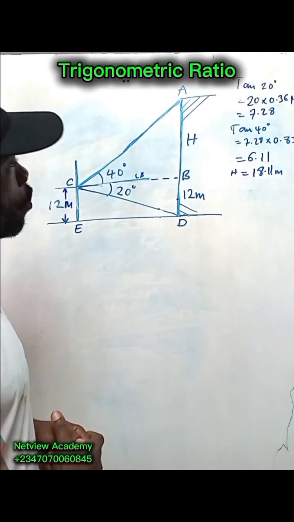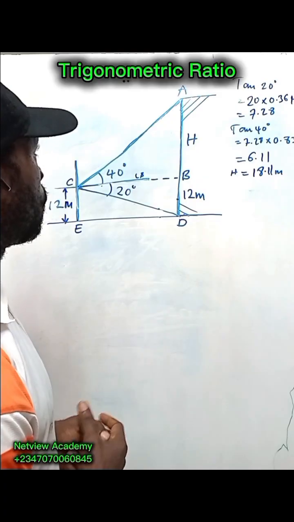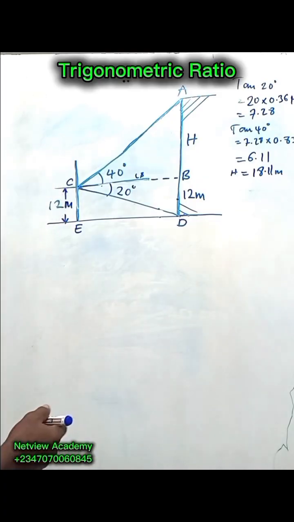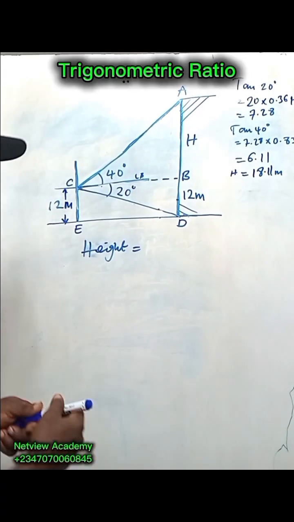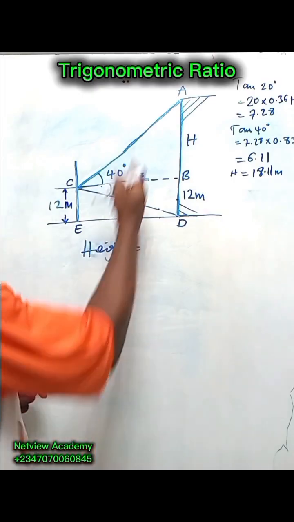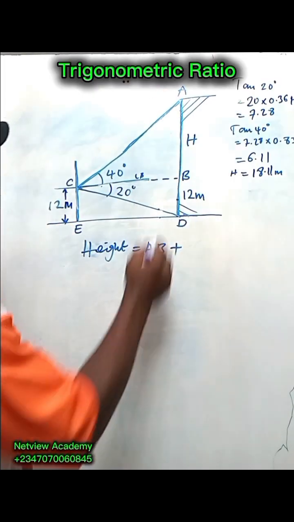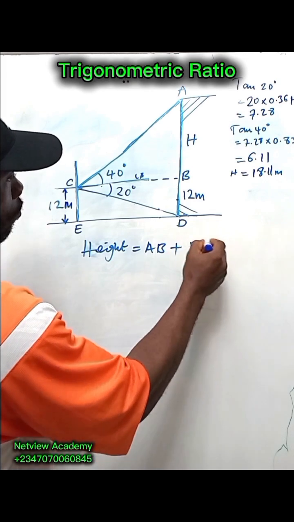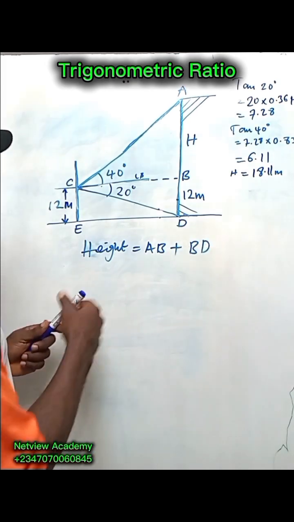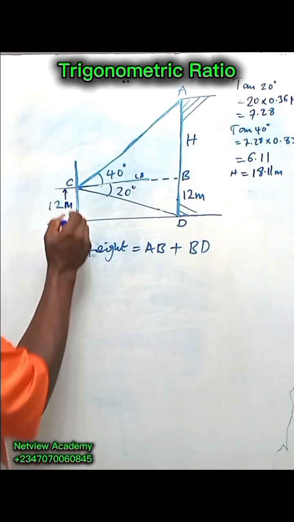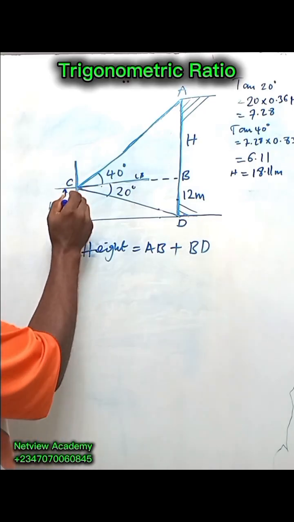So how do we go about solving this question? The height of the nearby building is equal to AB plus BD. BD is equal to the distance of the window from the ground, which is 12 meters.